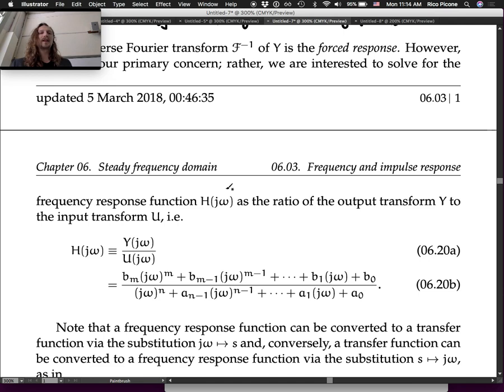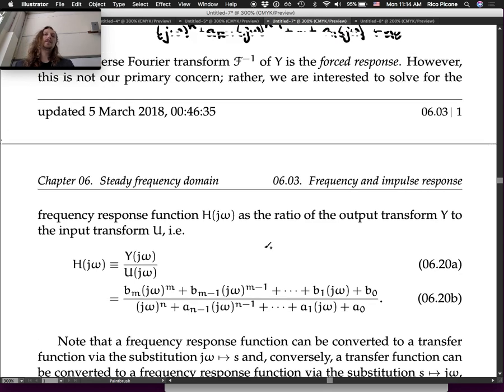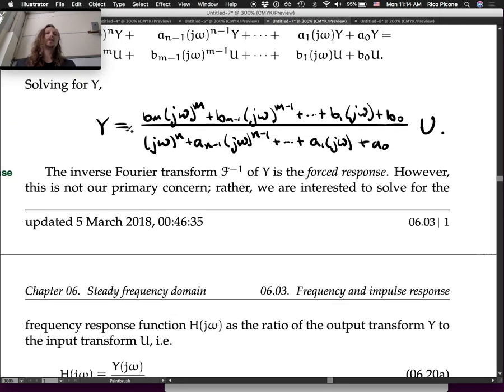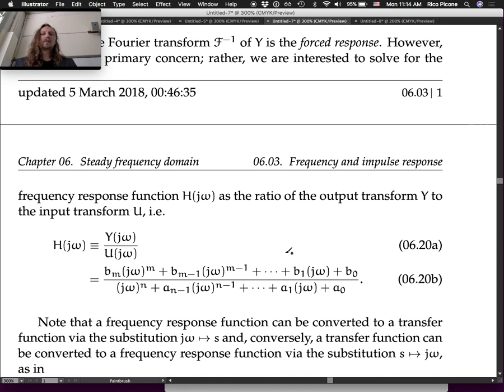So I'll talk a little bit about that in a moment. But let's say H of j omega is equal to Y over U. So all you need to do in this equation is divide both sides by U, and we're left with 620b, which is our typical form of our frequency response function.